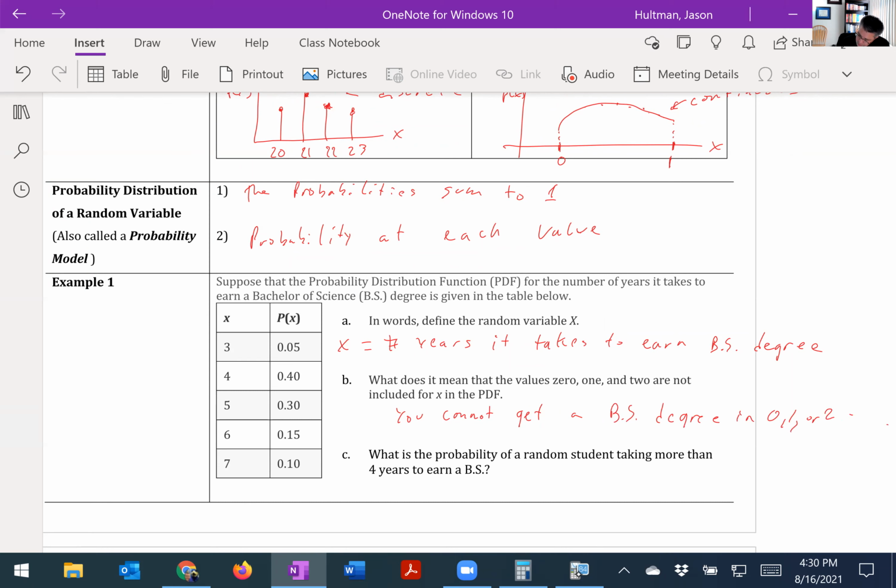The probability of 0 years is 0, probability of 1 year is 0, and the probability of 2 years is 0. So for those it's 0, and we just don't list them. Probability of 8 years in this case is 0 as well.